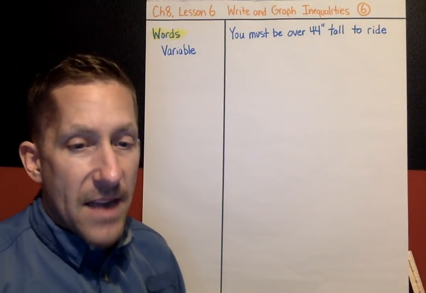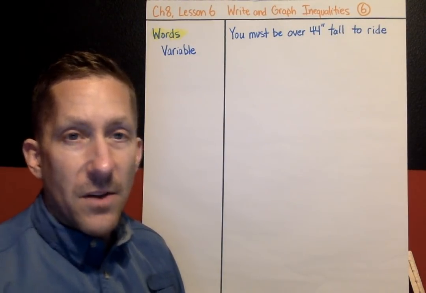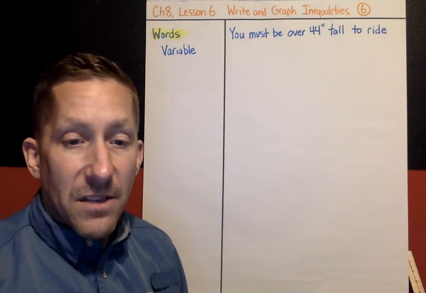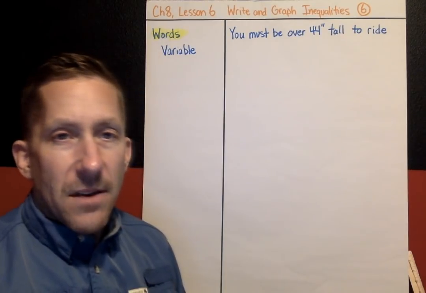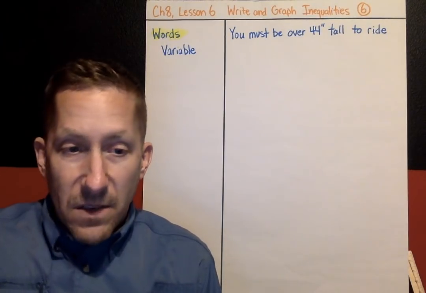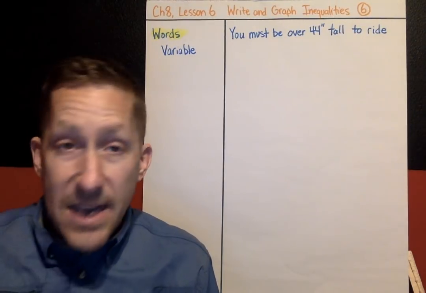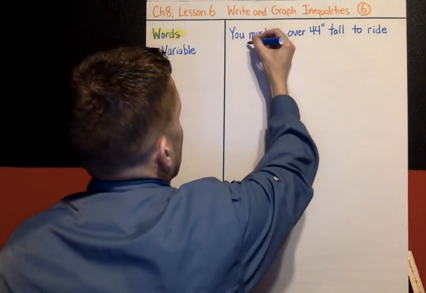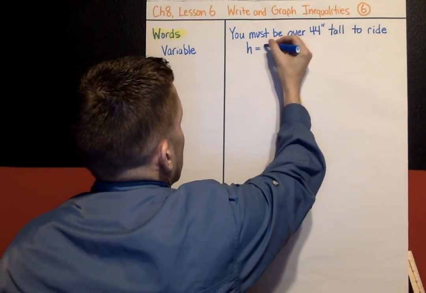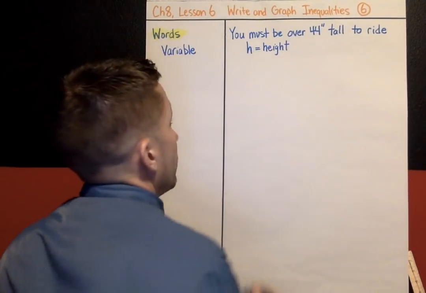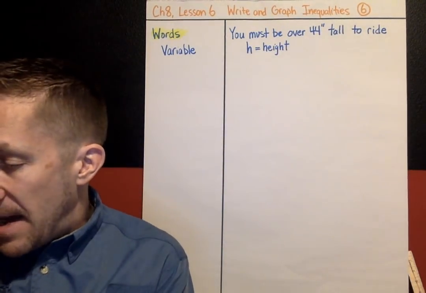So you could say H for height, T for how tall you are. It's up to you. You could say I for inches if you wanted. But again, you get to assign it. I'm going to choose H, the height of the person that's walking up to that sign.